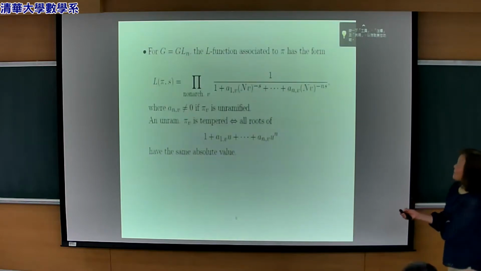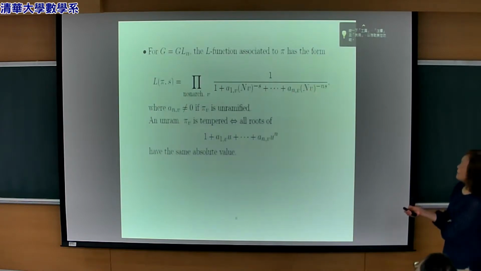So if the group is GL_n, we have an L-function associated with pi, and it's a product over, say, taking K to be Q, a product over primes p. So it's 1 over a denominator which will be a polynomial in p to the minus s of degree at most n.